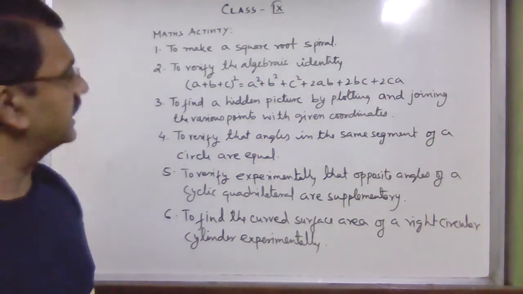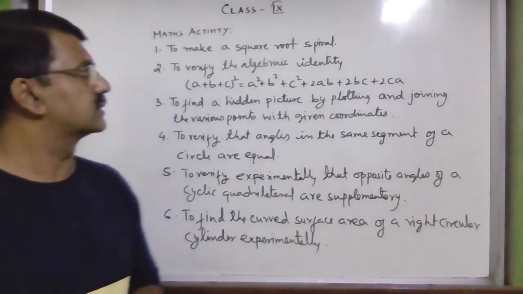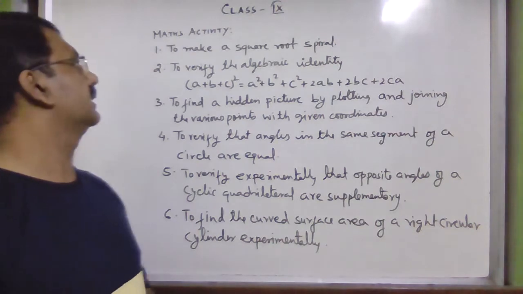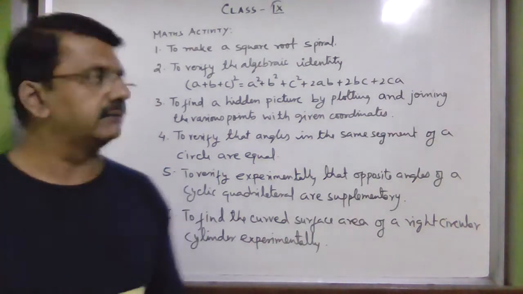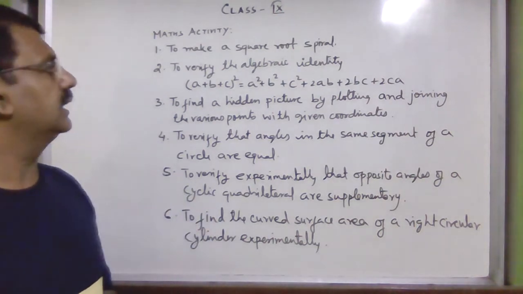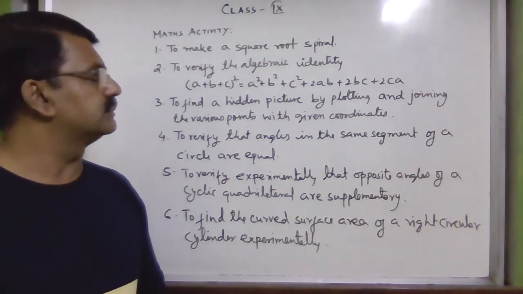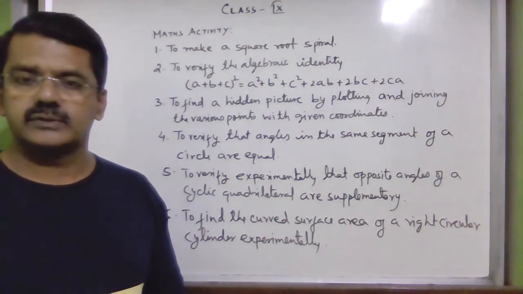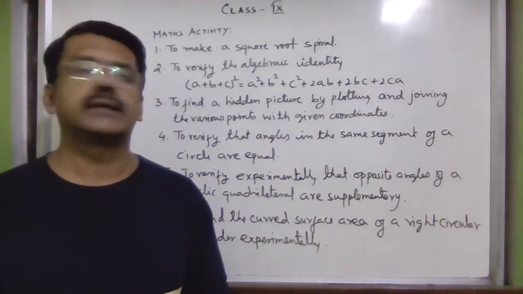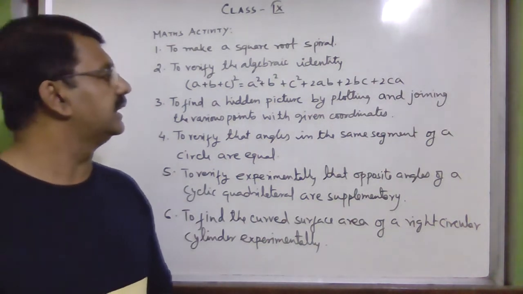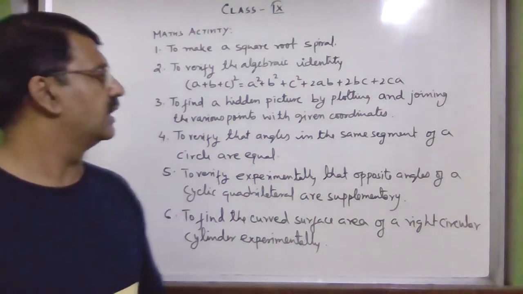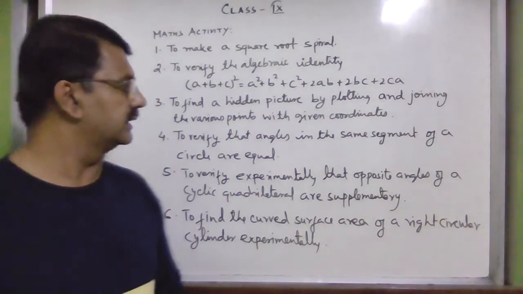Okay. So the first activity is to make a square root spiral. In the first chapter, you will get this square root spiral. Second activity, to verify the algebraic identity a plus b plus c whole square is equal to a square plus b square plus c square plus 2ab plus 2bc plus 2ca. And the third one, that is to find a hidden picture by plotting and joining the various points with given coordinates.